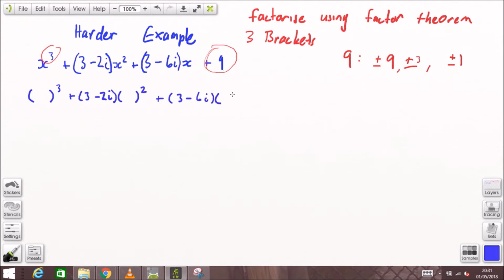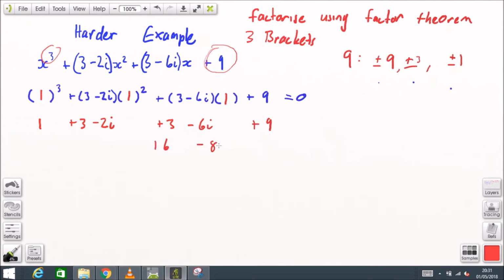So we're going to try plug in a few of these values and see which ones work. Right, so here's our polynomial, and I'm just going to plug in using factor theorem and the remainder theorem to see if any of these are factors. So we'll try 1 first because it's the easiest one. Expand out, that's 1 plus 3 minus 2i, and this has to equal 0 and it doesn't, so 1 isn't a factor. Right, I'm going to use a bit of foresight here to try negative 3.